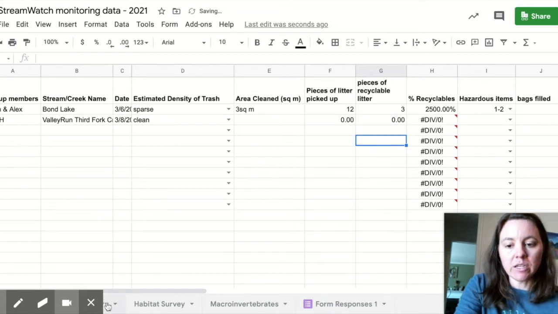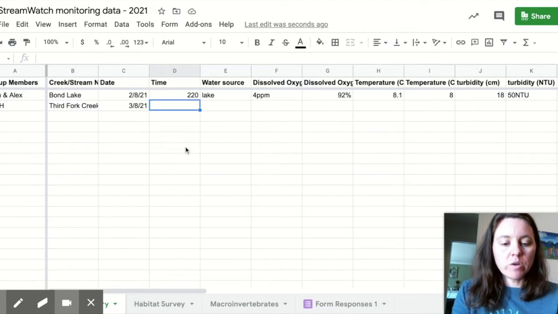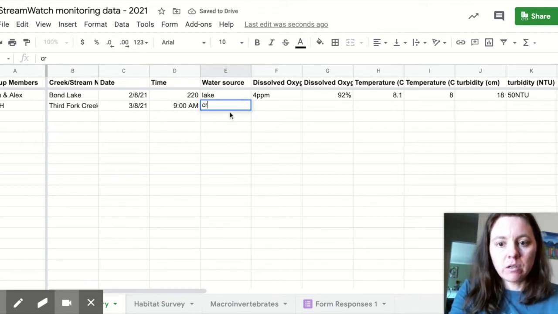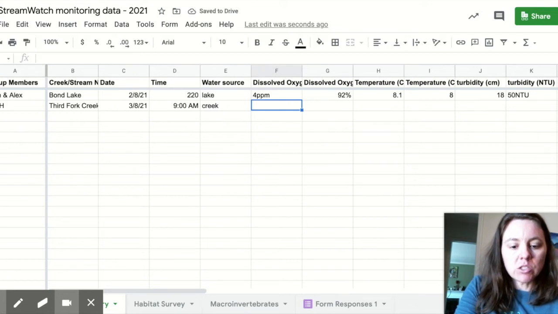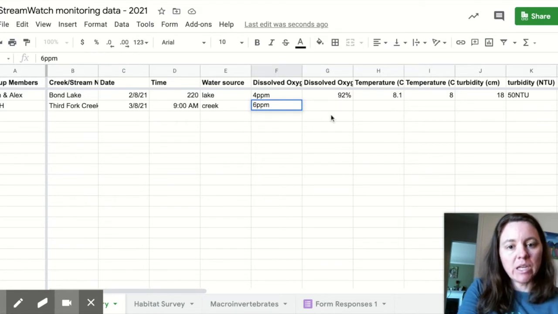All right, so for our chemistry results, I collected my water sample this morning around 9 a.m. So 9 o'clock. And this was a creek or a stream. My dissolved oxygen was, I called it 6 parts per million because it looked like it was right between the 4 and the 8.